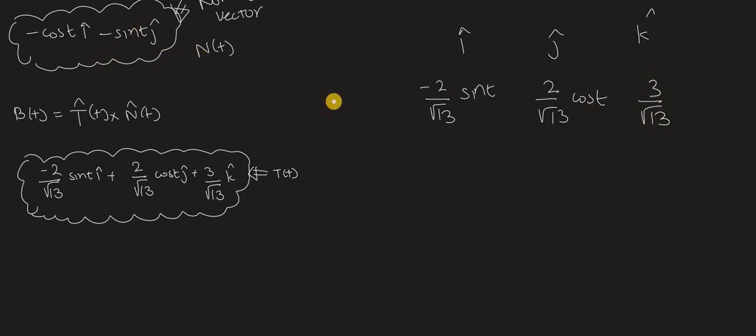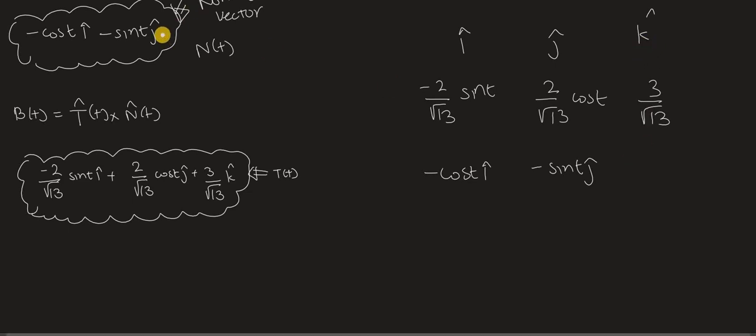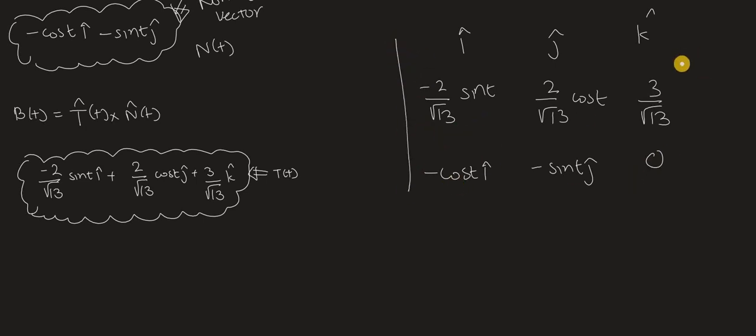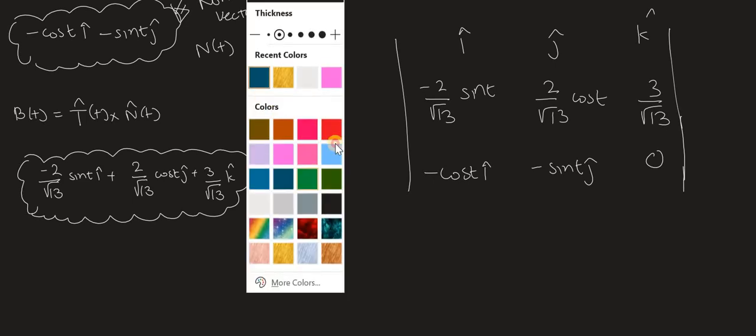And then I'm going to write the normal vector, which is negative cosine t i hat, negative sine t j hat, and for the k hat, you see there is no k hat component here, so that's 0. Okay, now let's calculate the cross product. And you remember doing the cross product? I hope you do because you're going to be needing it here.